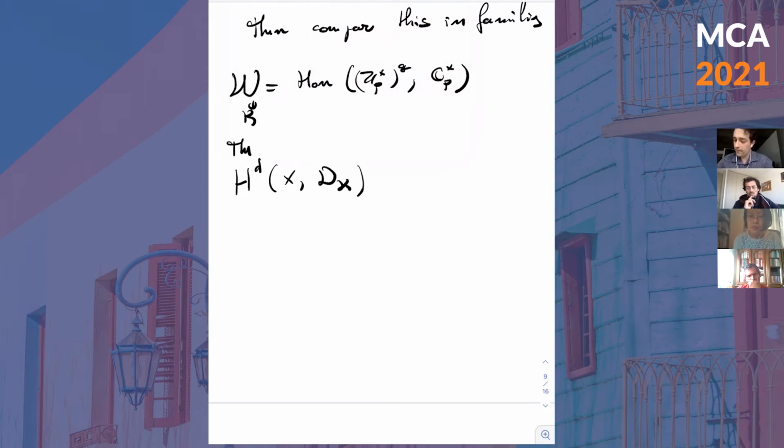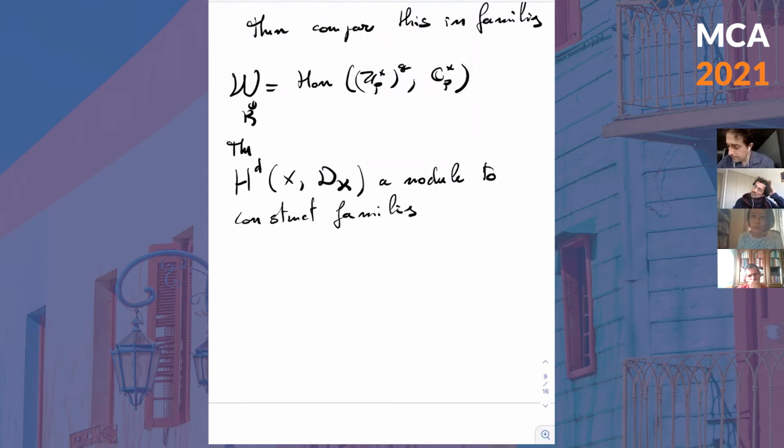And this is a module to construct families, at least when they are cuspidal. Somehow I can use this space, this big cohomology, to construct families of Siegel modular forms.